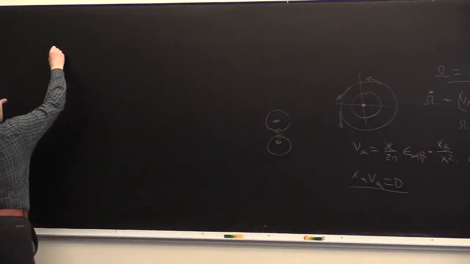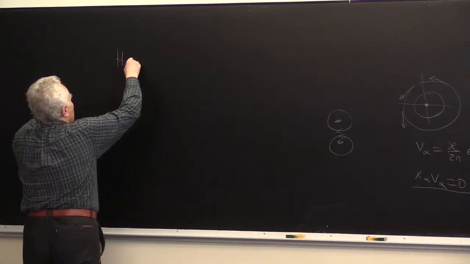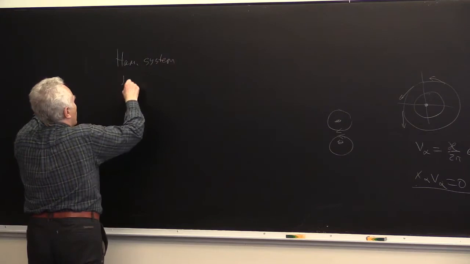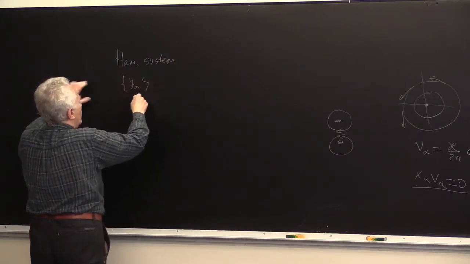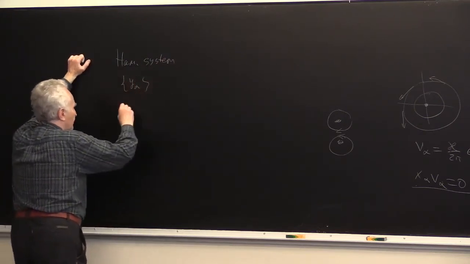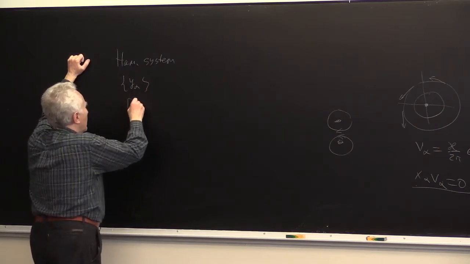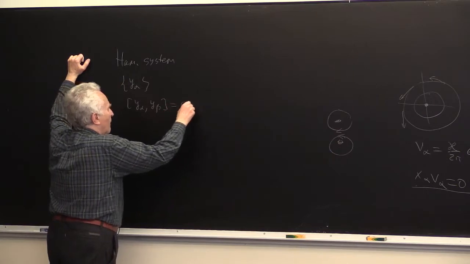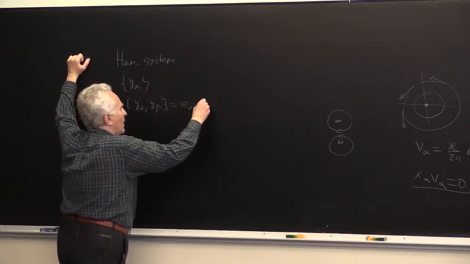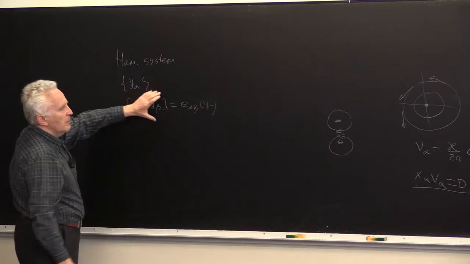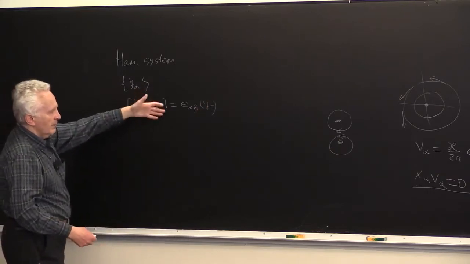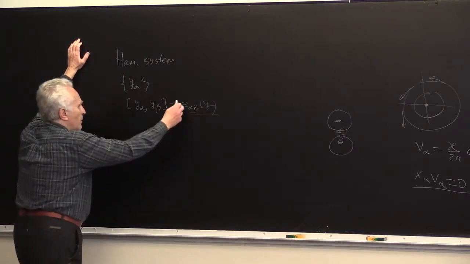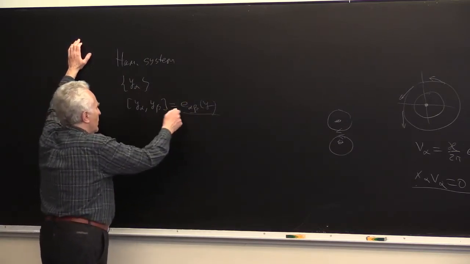Remember, we have the general principle, I remind you, for Hamiltonian systems. We have the phase space, which is even dimensional, and we have the Poisson brackets, which are supposed to satisfy the Jacobi identity. That's the condition on the possible Poisson structure.